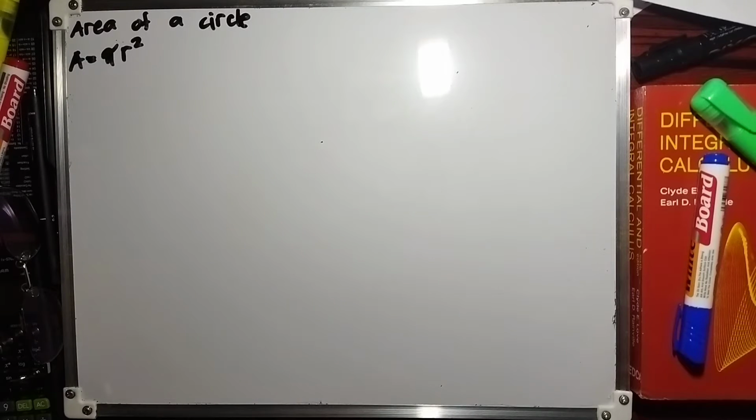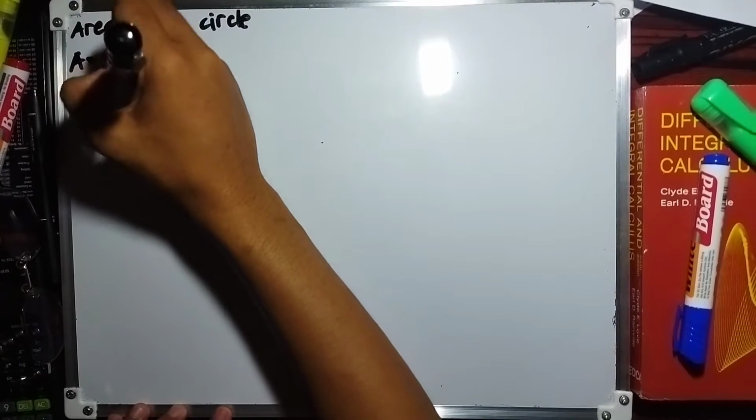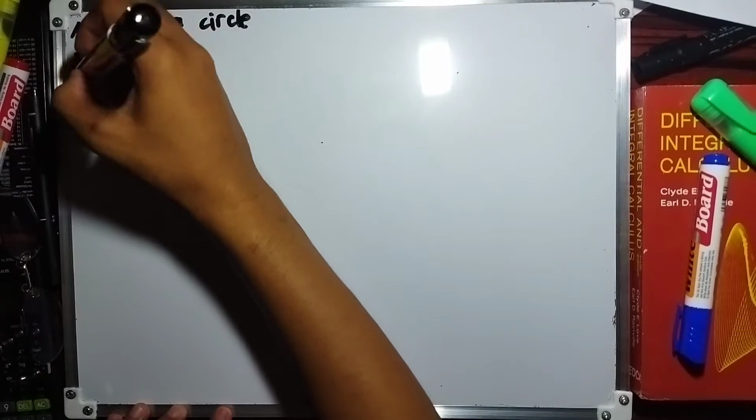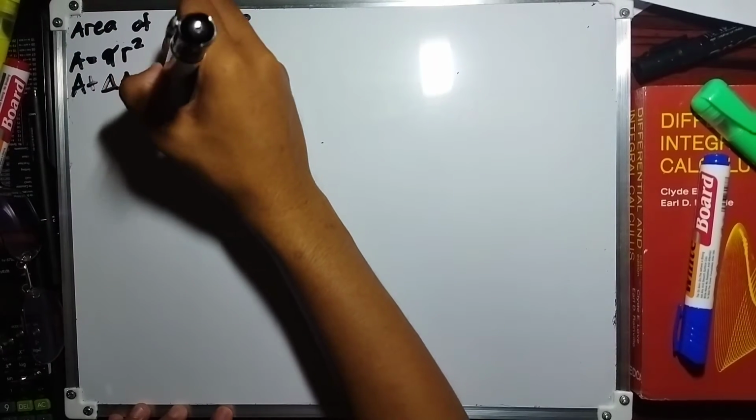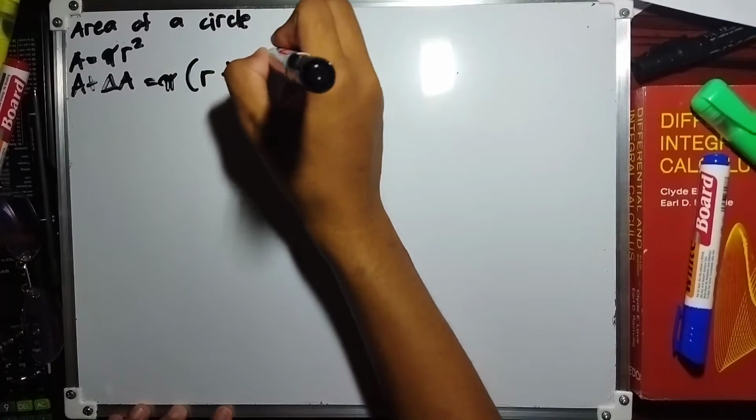Since we already identified the formula of a certain problem, which is the first step of the rate of change, we will be proceeding to the next step, which is to find the derivative of the formula using delta method. So A plus delta A is equal to pi times r plus delta r squared.